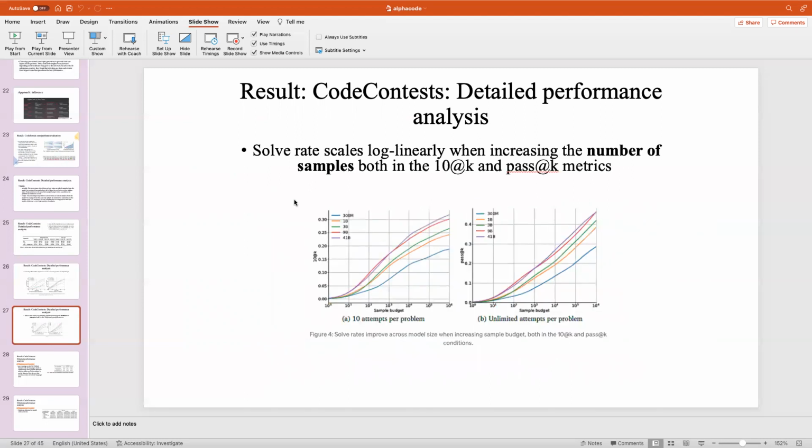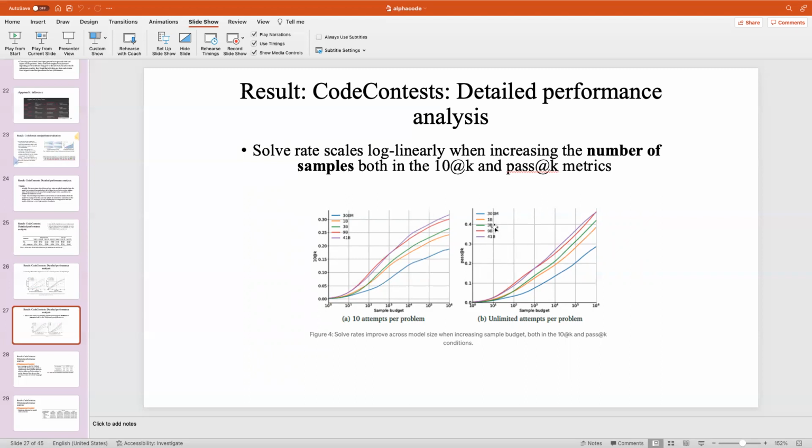And here the solve rate scales log-linearly when increasing the number of samples, both in the 10@k and pass@k metrics. So it means increasing the number of samples, so generating more samples, always helps for models of different scales.